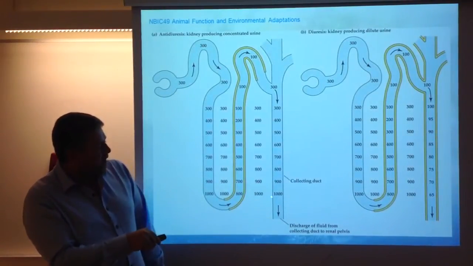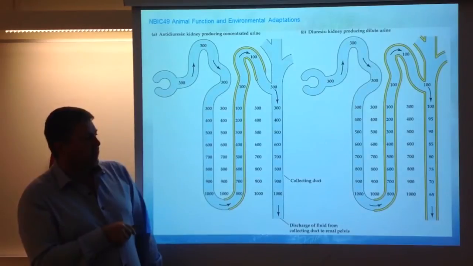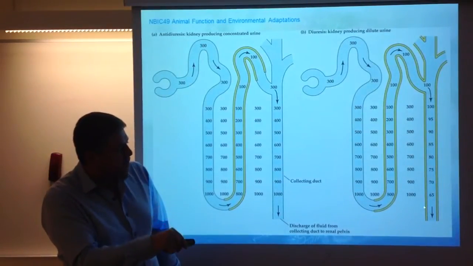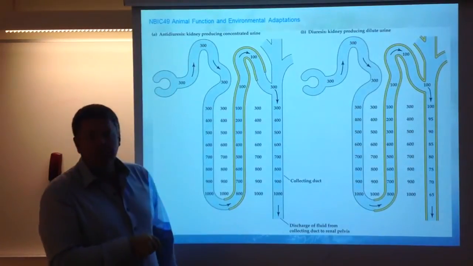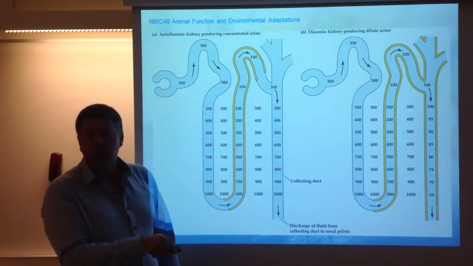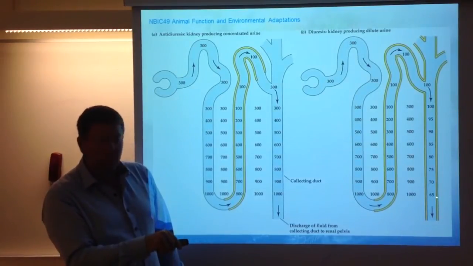The final result is that you have concentrated urine. If this duct is impermeable to water, you are producing diluted urine, so this urine is not concentrated.